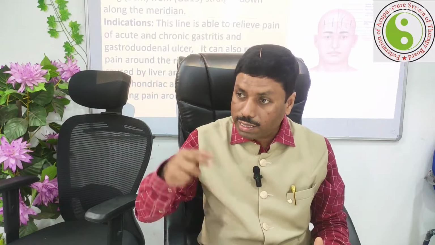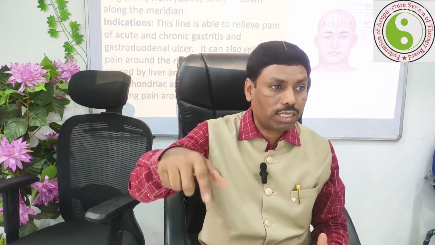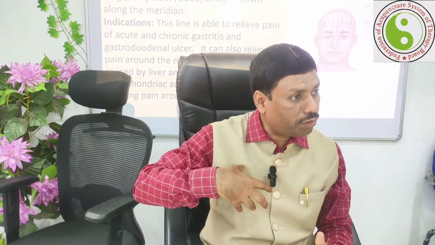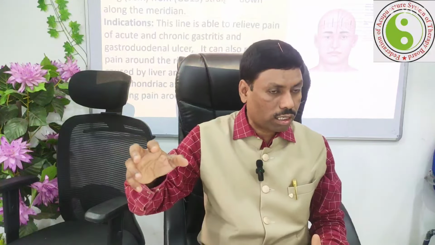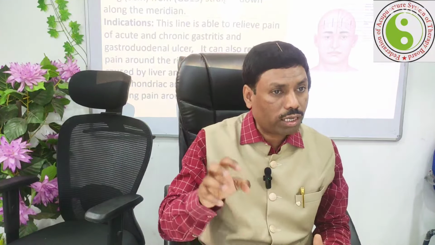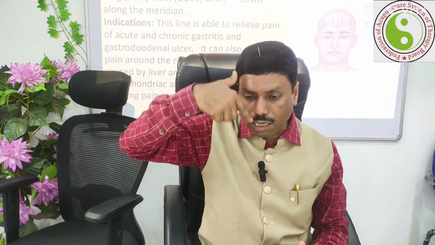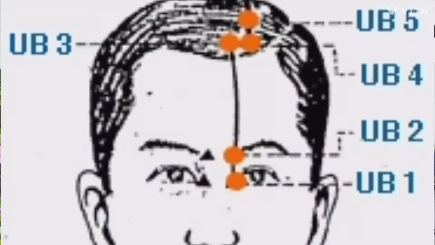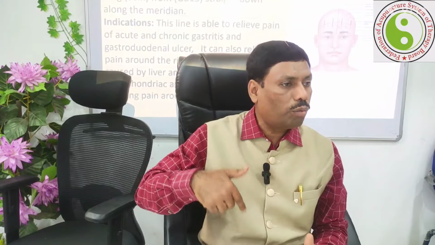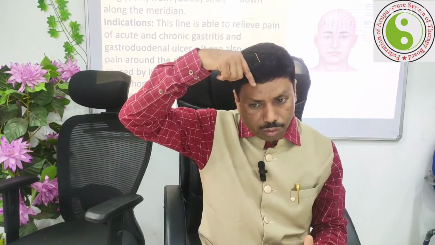There I applied this particular point to treat the cardiac related disorders, in order to improve the coronary arteries so they don't get much blockage. For that reason I applied the UB3 point in the downwards direction, one chun below. From here you just apply.